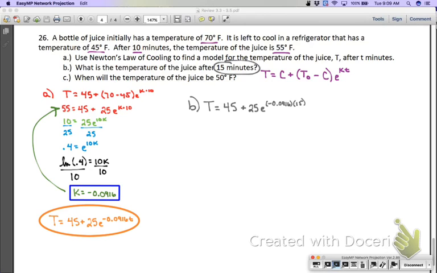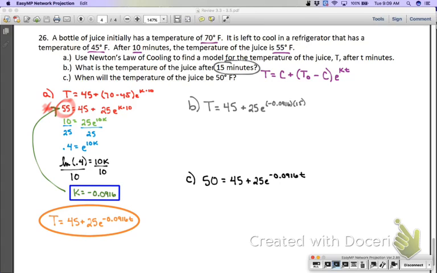Part C is a lot like A, where I start here, but instead of the 55, I'm going to have 50 degrees equals 45 plus 25 e to the negative 0.0916 t, and I'm going to solve for t.